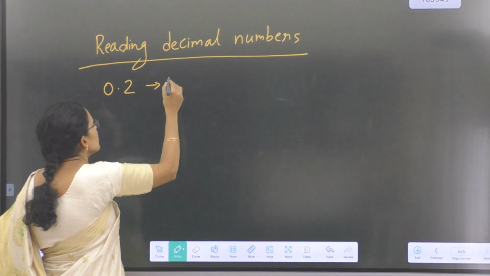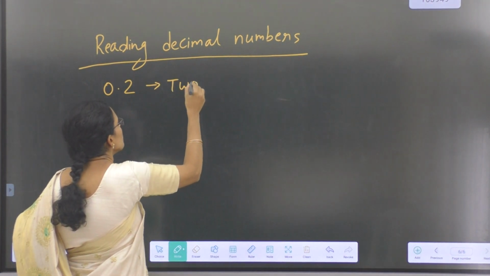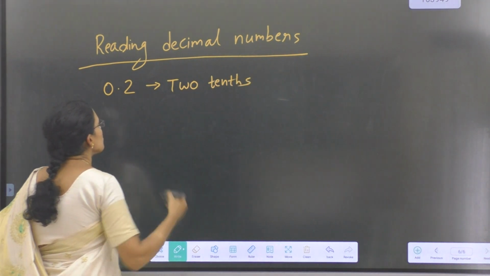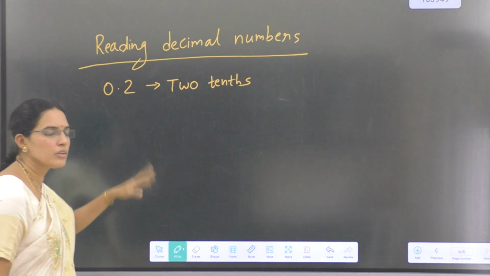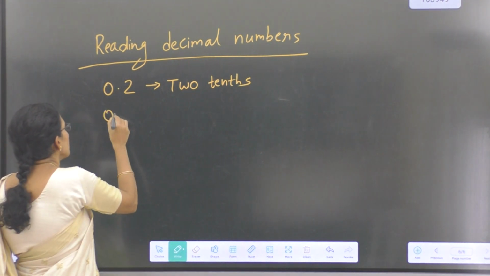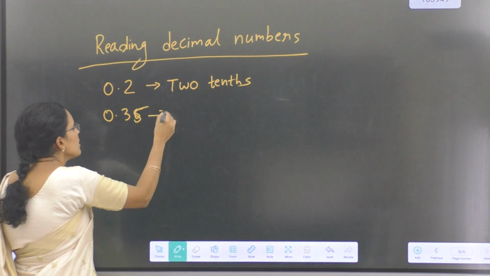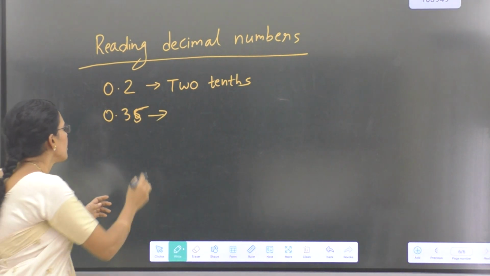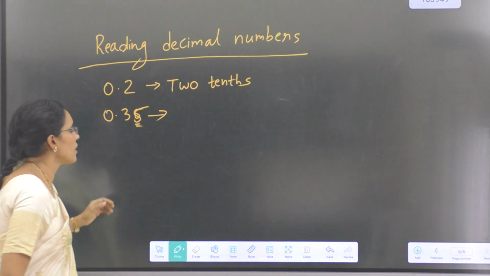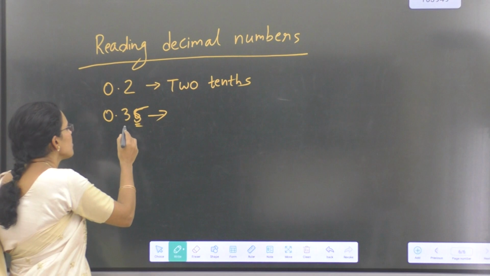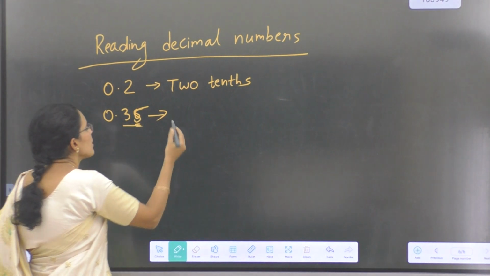Therefore, we read this as 2 tenths. 2 tenths is nothing but 0.2. For example, if it is 0.35, the last digit 5 is there in hundredth place. Therefore, we read it as 35 hundredths.